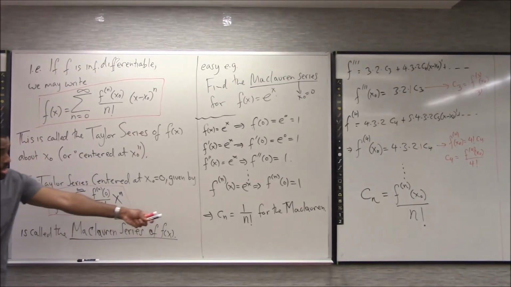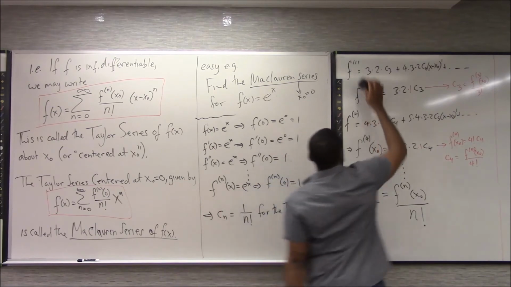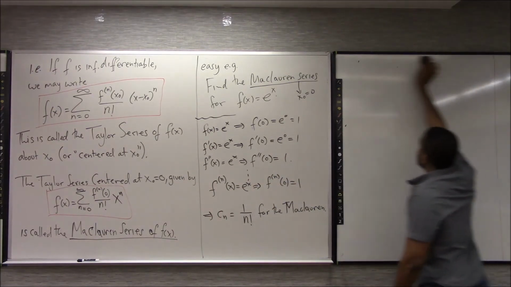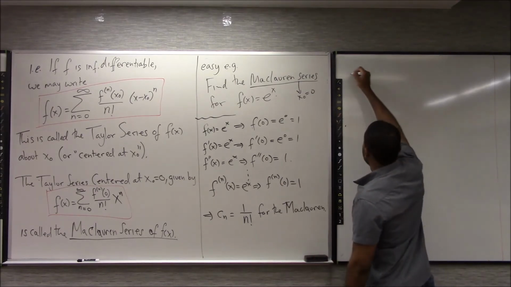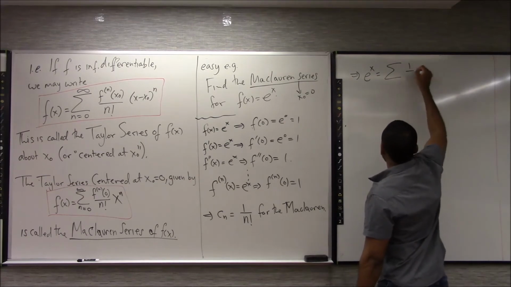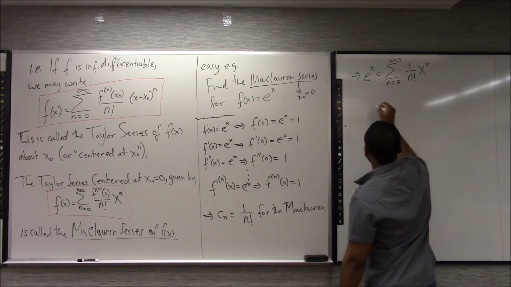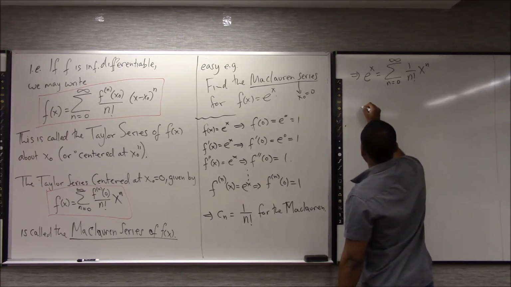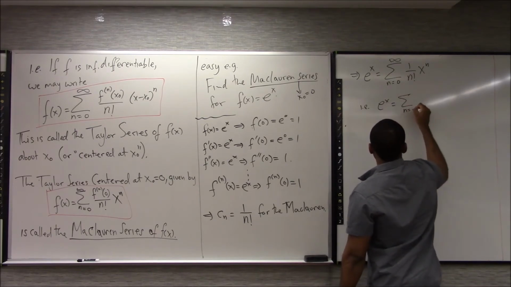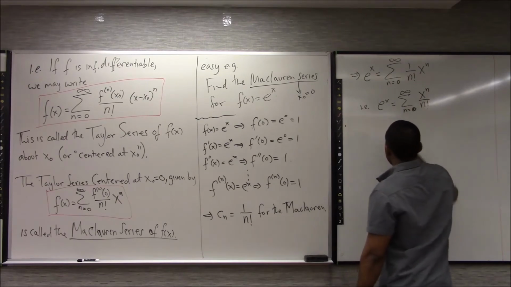And so I'm just going to plug in that expression into this formula. This means that my e to the x I can write as the series 1 over n factorial x to the n, n goes from 0 to infinity. We often write it like this: n goes from 0 to infinity of x to the n over n factorial.